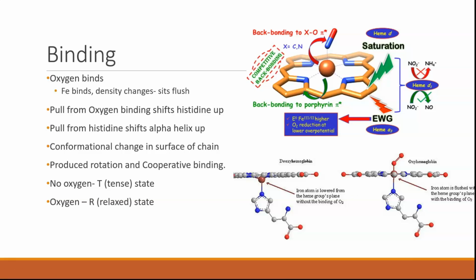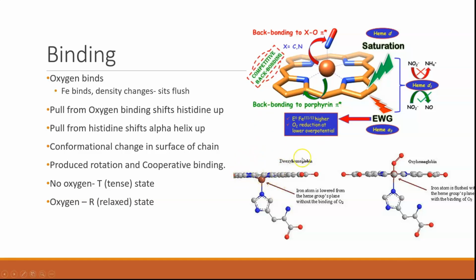And so when this occurs, rotation in the protein results, and these changes actually affect the other heme groups throughout the protein to have a higher affinity to bind to oxygen.